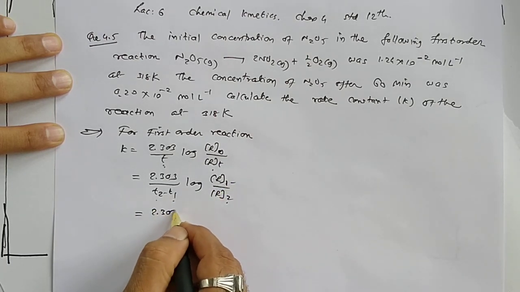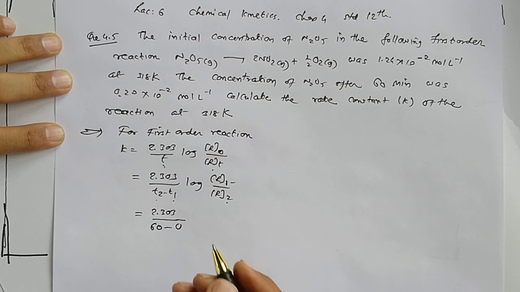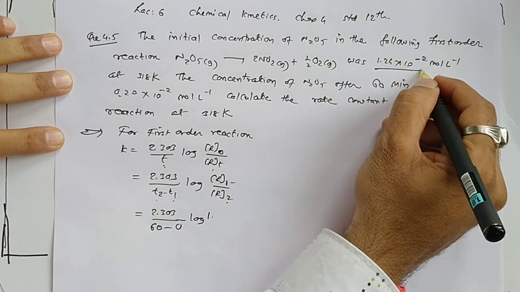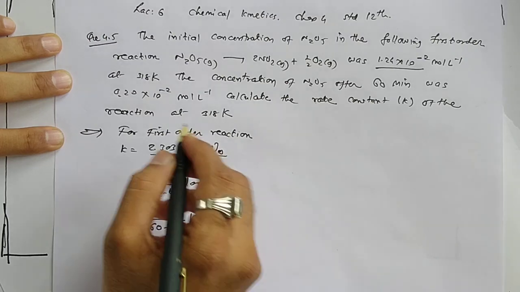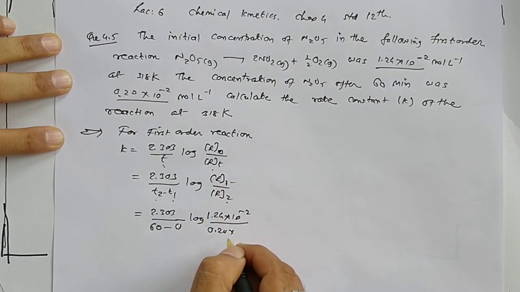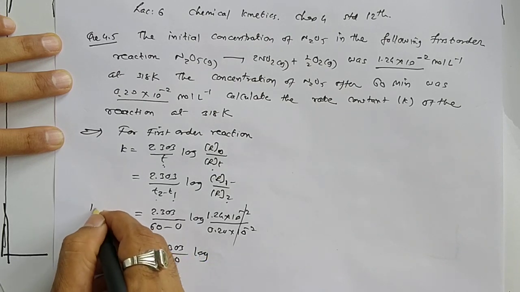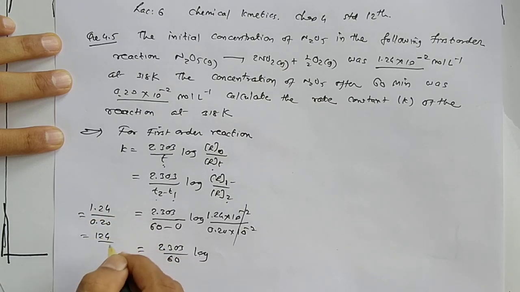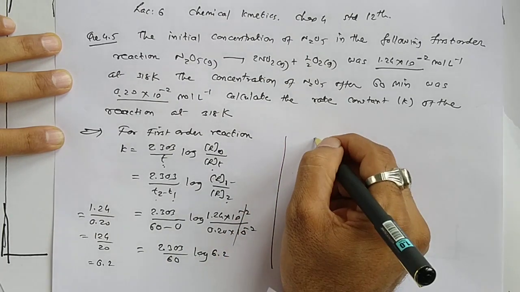So we can derive 2.303 upon 60, initial time 0 second. Whenever a reaction is started, initial concentration is given, 1.24 10 raised to minus 2, and now after 60 minutes it is 0.20 10 raised to minus 2. The minus 2 cuts. So 2.303 upon 60 log 1.24 divided by 0.20. The point will cut.